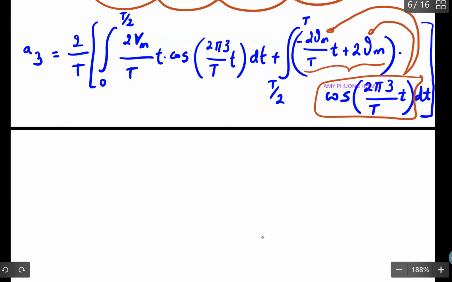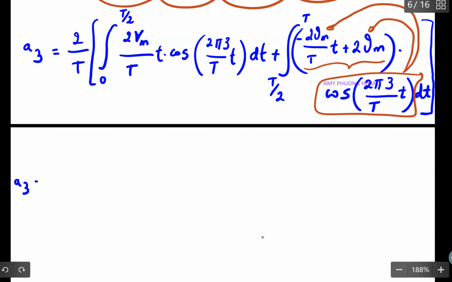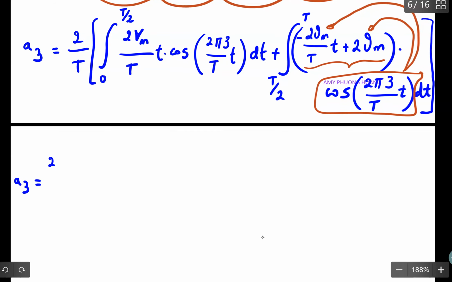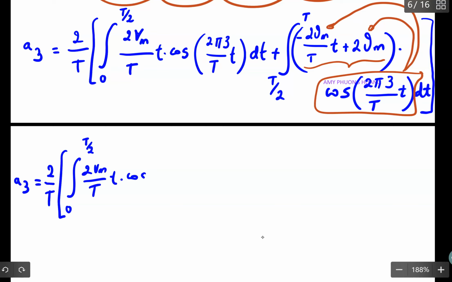So I'm going to write A3 equal to 2 over T, the first one is the integral from 0 to T over 2 of 2Vmax over T times t, times cos of 2 pi 3 t over T, dt. So the first one is fine.